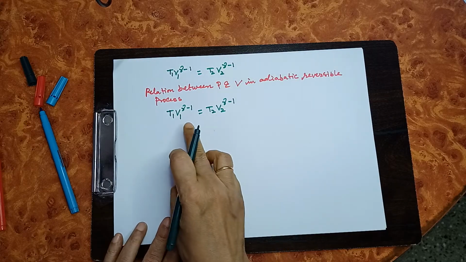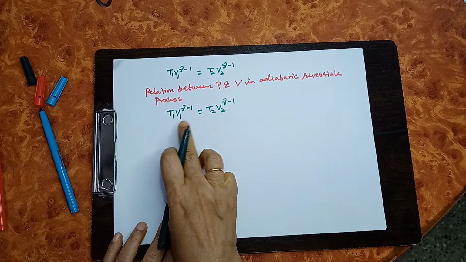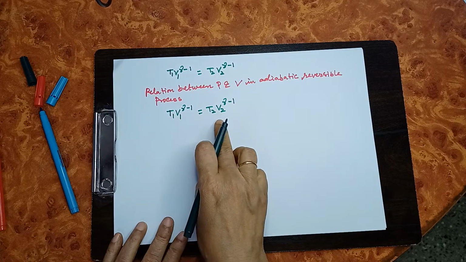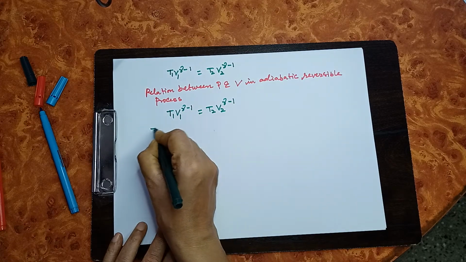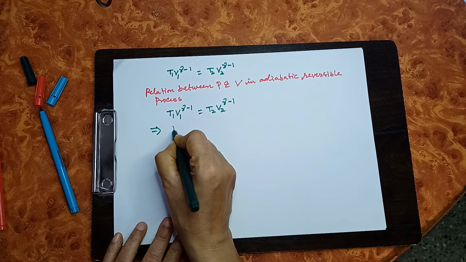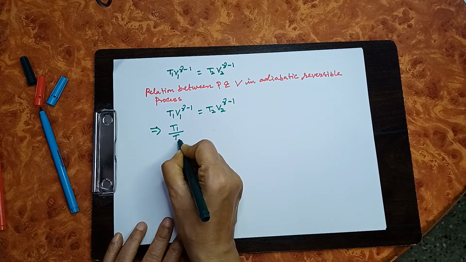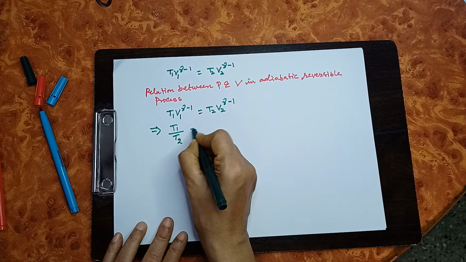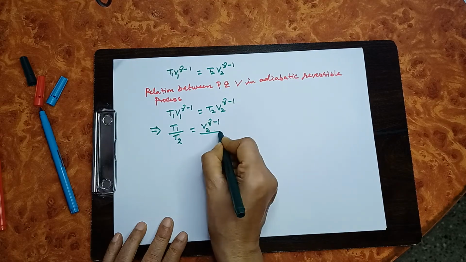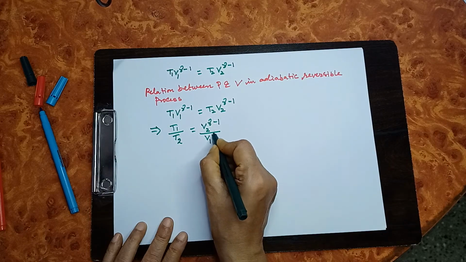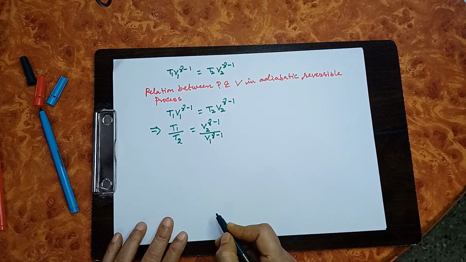Now we have to derive the relation between pressure and volume, so this temperature we have to replace in terms of pressure and volume. From this equation we can write T1 by T2 is equal to V2 to the power gamma minus 1 divided by V1 to the power gamma minus 1.